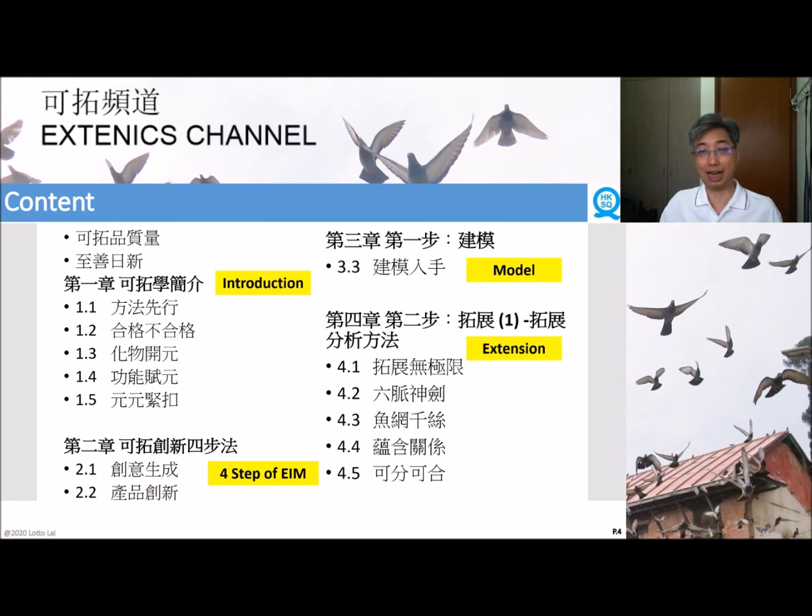Now it is the last class. I'll give an overview of the content. In the beginning I introduced the basic theory of extension sets, matter element, function element, affair element, and relation element. Then we introduced the four steps of the extension innovation method through modeling.